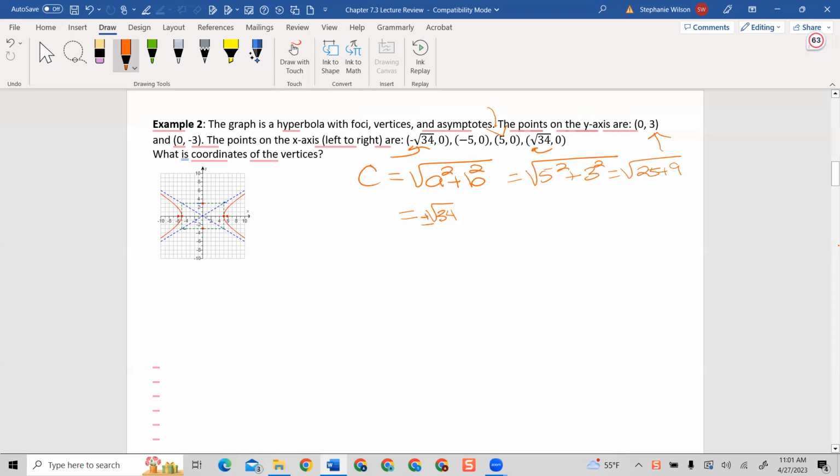All right, if we find the slope of the asymptote, we're going to use m equals y from ordered pair 2 minus y from ordered pair 1, all divided by x from ordered pair 2 minus x from ordered pair 1. So what I get is 3 minus 0.